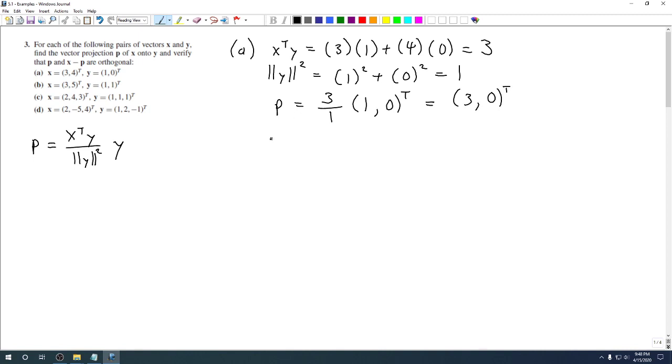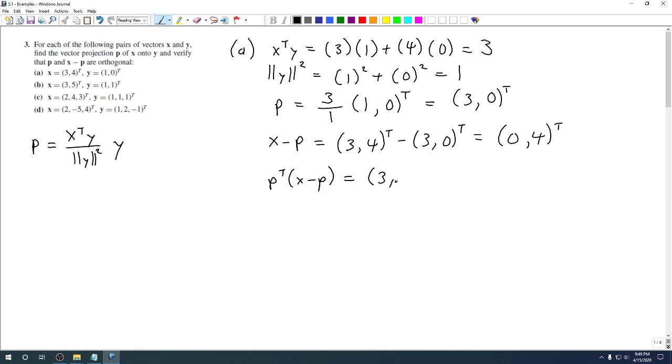Of course, we also need to check that when we take x minus p, that is actually perpendicular. So what is x minus p? x is 3, 4. We're subtracting p, which is 3, 0. And that difference, well, the 3's cancel each other out. We get a 0 there, but then we're left with a 4 here. And are these two orthogonal? How do we test if something's orthogonal? We take their inner product. We take their scalar product. So maybe I should put p transpose times x minus p.